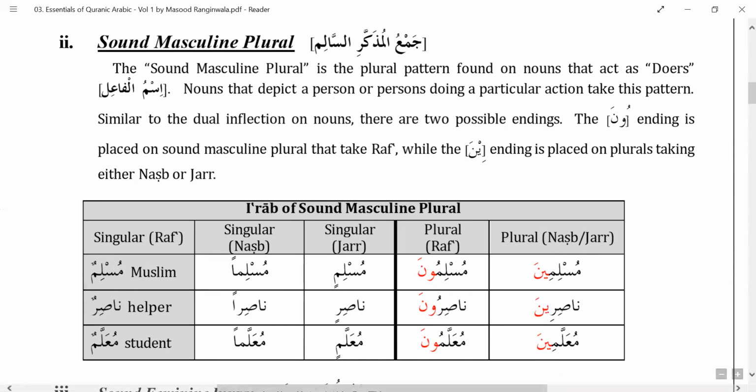But there are some plurals, and there are many such plurals in Arabic, where you need to break this root word. Sin, lam, mim is the root word here, and it's all intact, one after the other. But some plurals are such that you don't add any combination at the end. You add some letters in between or in the beginning or at the end. You break the root word. The root word breaks, so they are known as broken plural because they are no longer attached to each other.